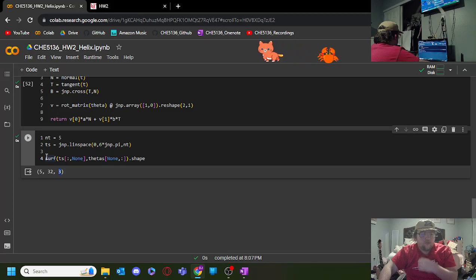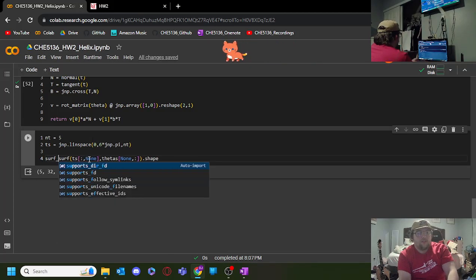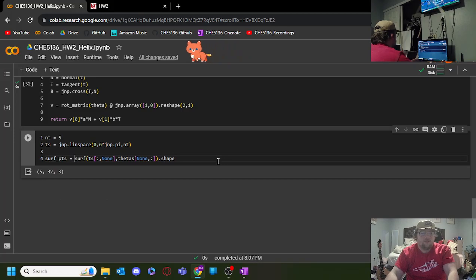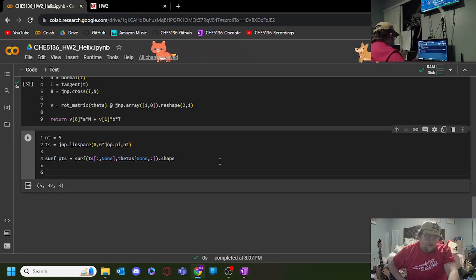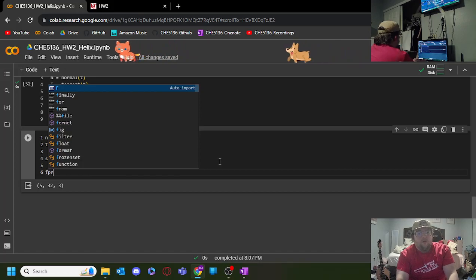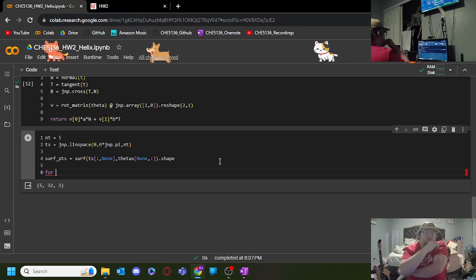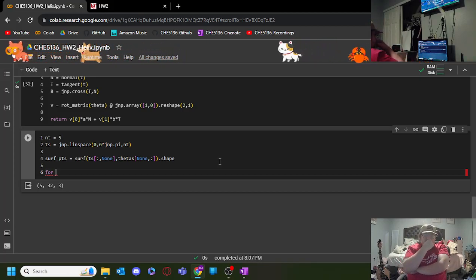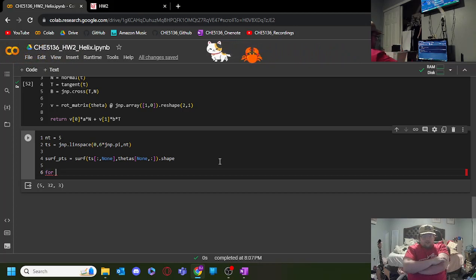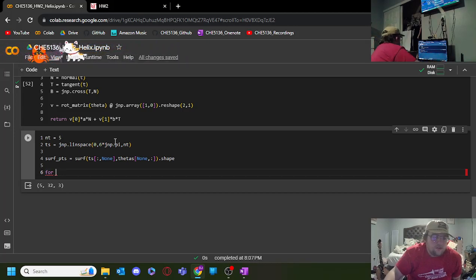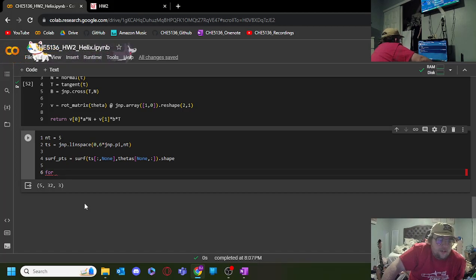So, what we'll do here is just make that a variable, surf points. Then, how do I want to do this? So for surf points, let me think about this real quick. So we want to iterate through each of the t's, because that's going to give us our position.